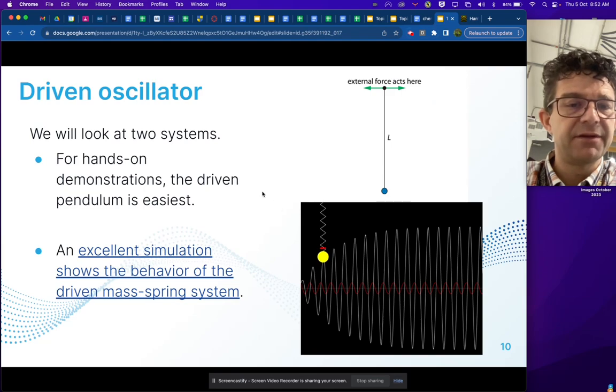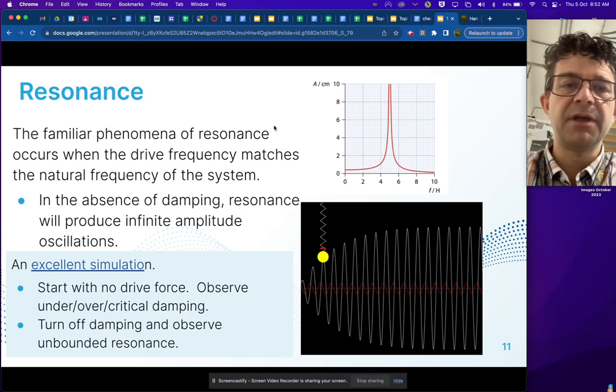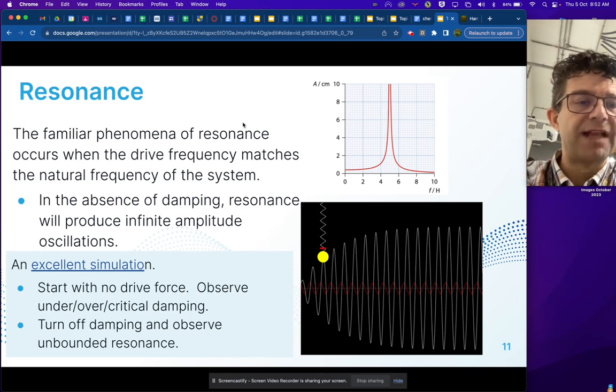To begin with, what we want to look at is just the feature of damping in this system alone and resonance alone. And we're going to be looking for this feature for resonance on a figure that shows when the drive frequency, which is the independent variable here, changes, the amplitude of oscillation changes.